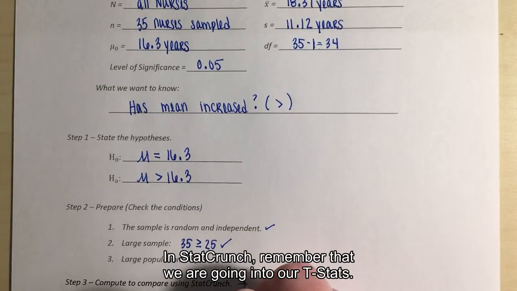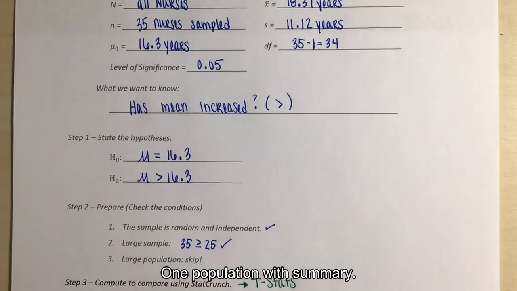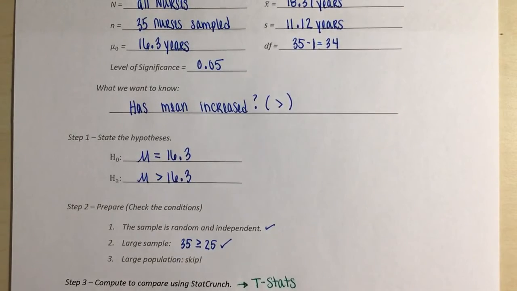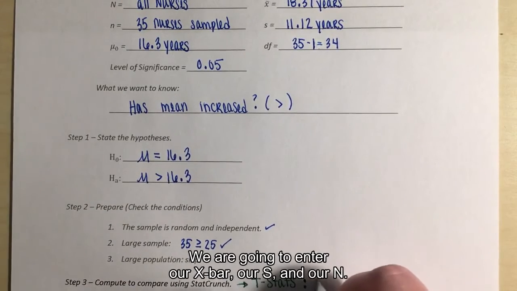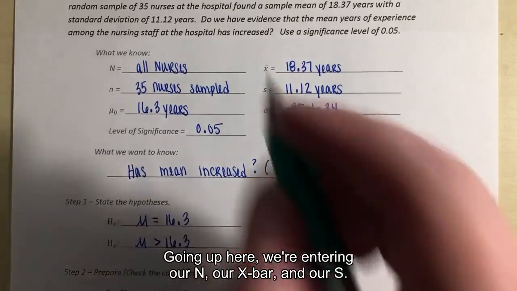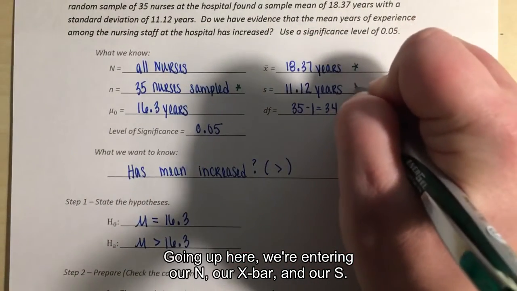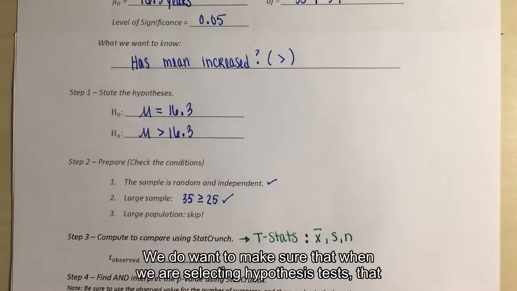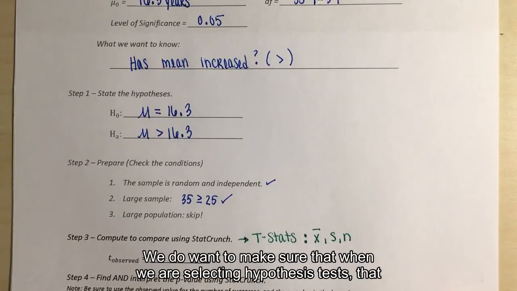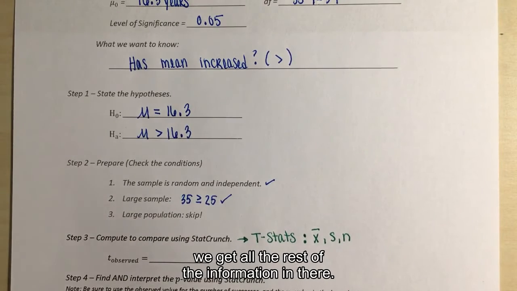In StatCrunch, remember that we are going into our T-stats, one population with summary. We are going to enter our X bar, our S, and our N. We do want to make sure that when we are selecting hypothesis tests that we get all the rest of the information in there.